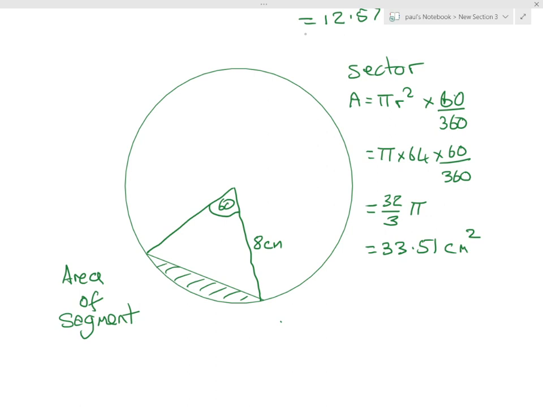Now we need to find the area of the triangle. Now, the area of the triangle here is not found by half base times height. It's not that. It's similar, but it's not.